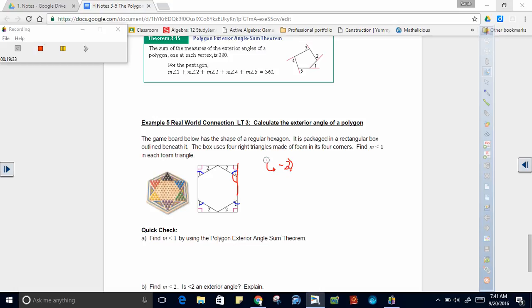And I can use this because I know that this is a regular polygon. All of the sides and all of the angles are equal. So I can use this idea of dividing by 6. So that would mean 4 times 180.